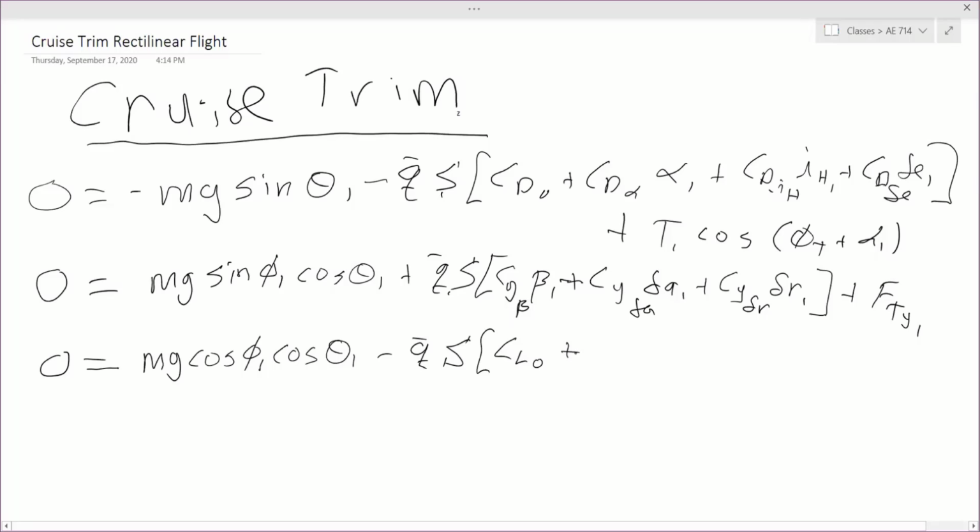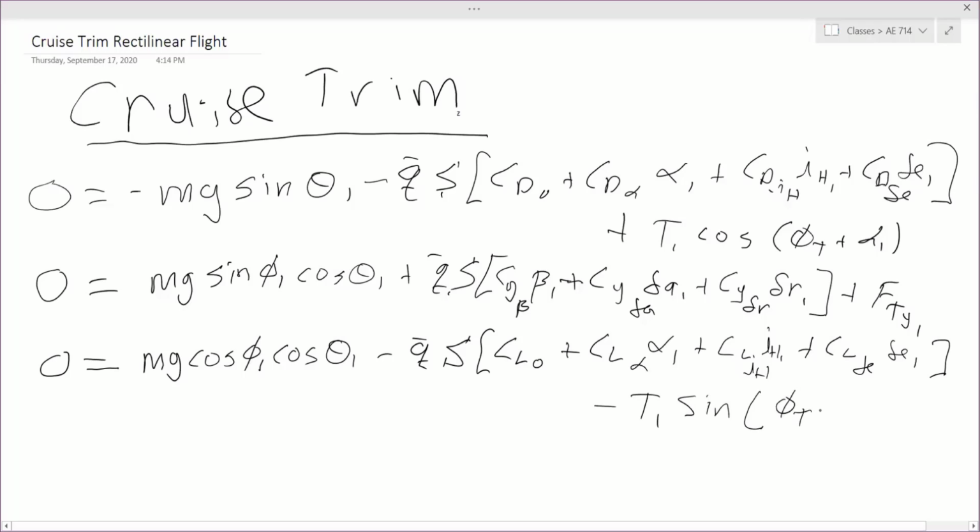So it has the longitudinal force and moment terms. And then it has the thrust component in the vertical or lift direction. And so these are the force equations.